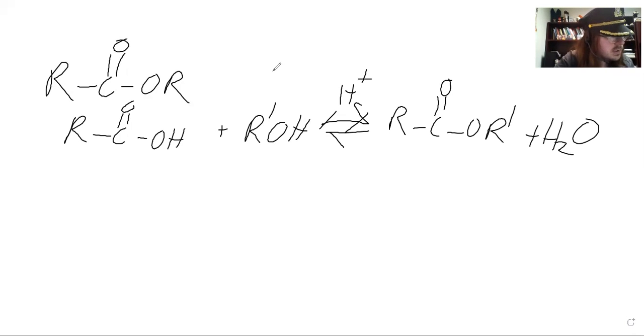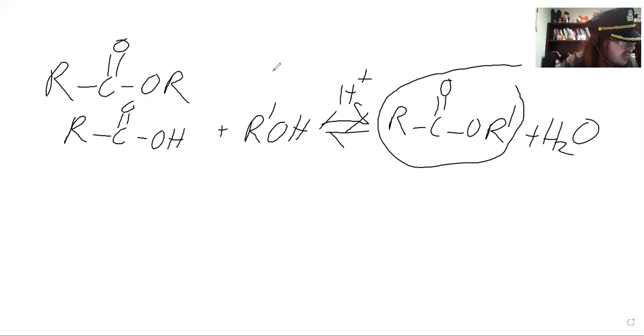Now, this esterification is an equilibrium reaction. So it's often unfavorable. So how do we favor this product? Well, equilibrium, or Le Chatelier says, add to the left, it shifts to the right. So either an excess of the acid or excess of the alcohol is often used. And that forces it to shift to the right.